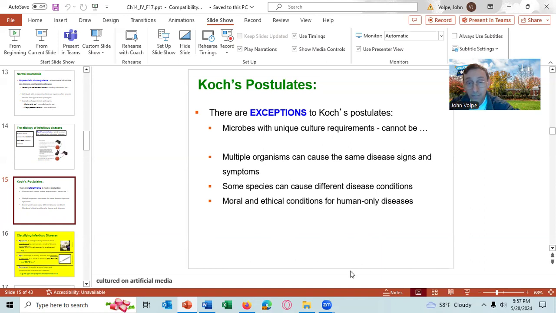So you can use very large epidemiological studies to show that a given microbe causes a given disease. But the preferred way is to use Koch's postulates. Any question about any of that?